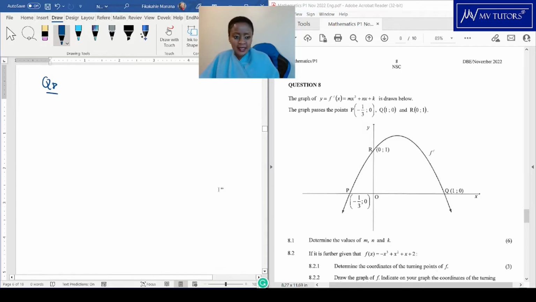They are asking us in 8.1 to determine the values of m, n, and k. So basically we're looking for the formula for this quadratic function. Now if you have all your intercepts, you're going to use this formula over here. It depends what they give you. If they give you the turning points, you would use a different formula.